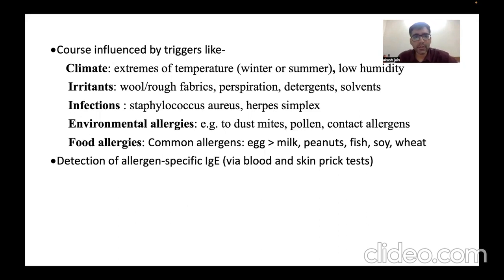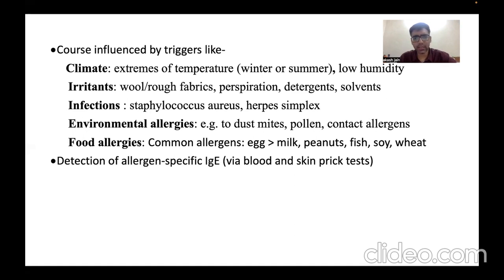So the extremes of temperature, that is winter or summer, low humidity, irritants like wool, rough fabrics, perspiration, detergents and solvents, infections like Staphylococcus aureus, herpes simplex, environmental allergies like dust mites, pollen, contact allergens, and food allergies.